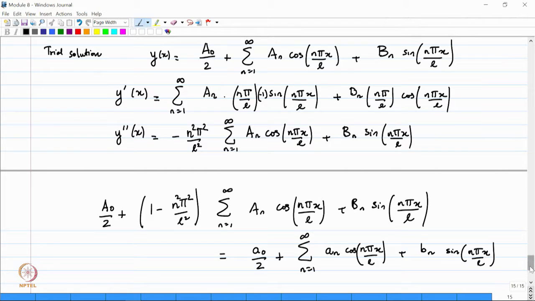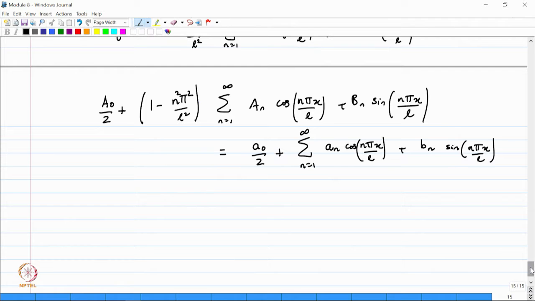Now what you get from this is something really nice. If you see the left hand side, the first term is a constant, and after that each term is proportional to a cosine or a sine. Because all these functions are orthogonal, linearly independent functions, they form a basis. So you can equate them term by term.